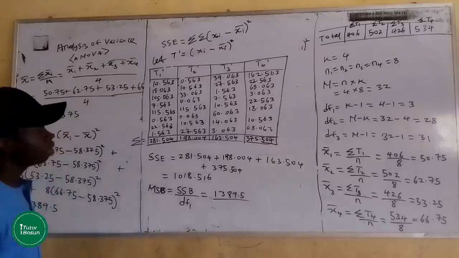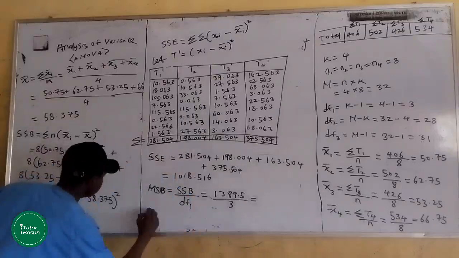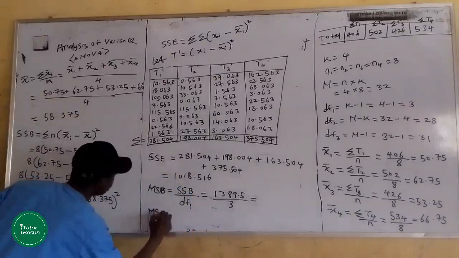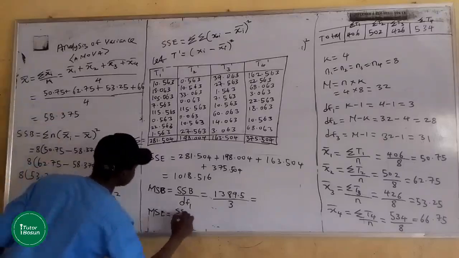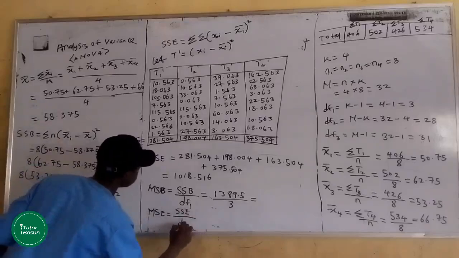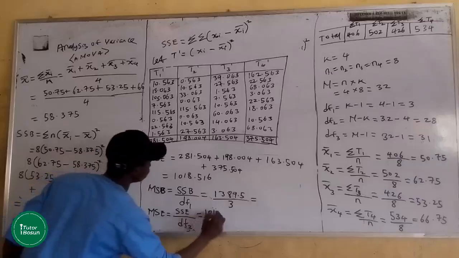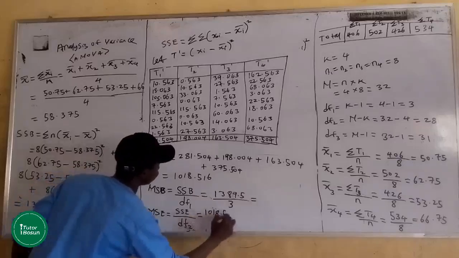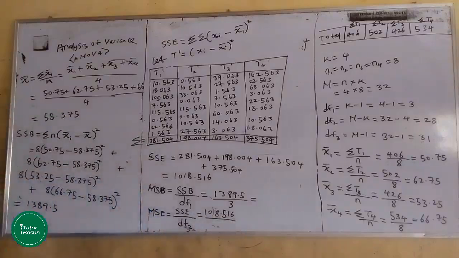Our DF1 is 3. Also our MSE is equal to SSE divided by DF2. That's 1018.516 divided by DF2.